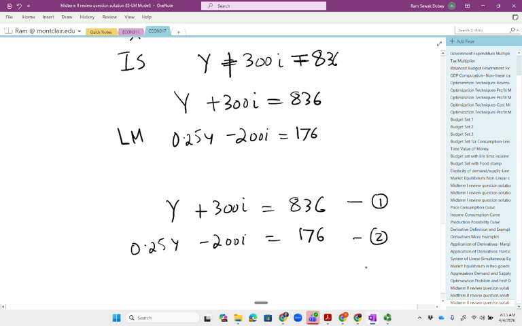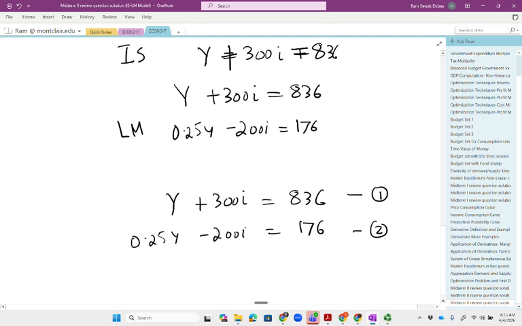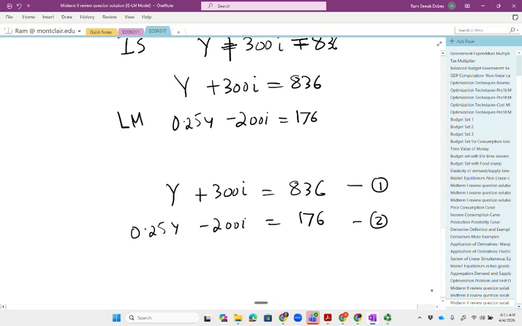Each term y and i appears linearly, so these are two simultaneous linear equations, and we should be able to solve them given that the number of unknowns equals the number of equations.